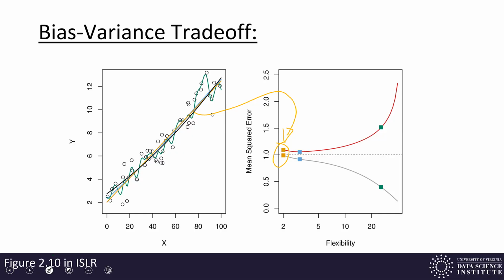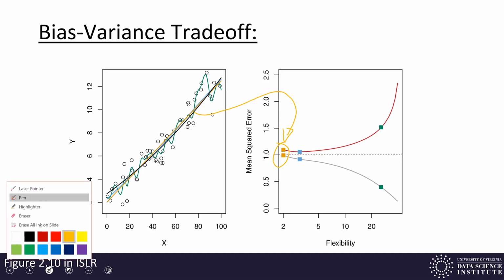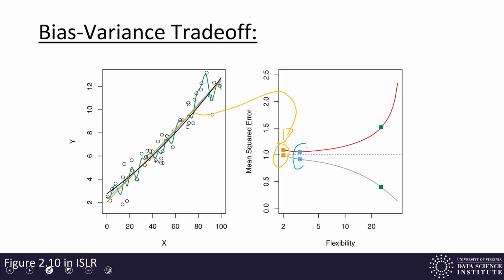Maybe the light blue has a little lower test error right here. So the gold or the blue would be okay in this case. The green would not be okay. Again, we're seeing evidence of overtraining, and if we look at the green here, the way it wiggles around and adjusts to every fluctuation in our data, that's evidence of overtraining.